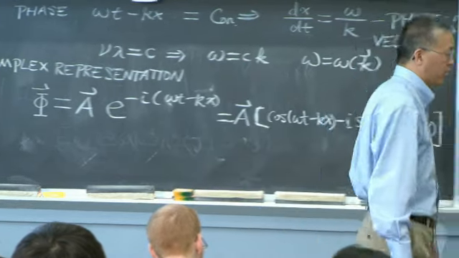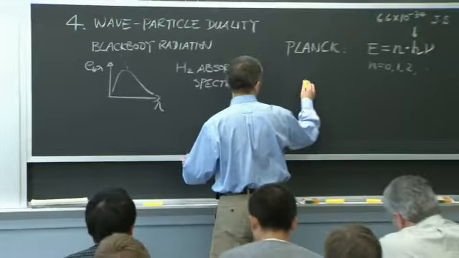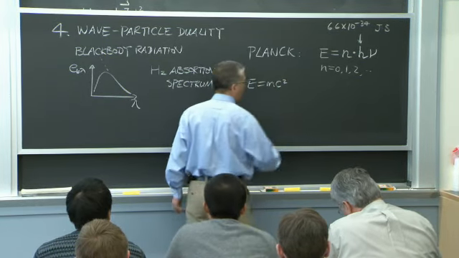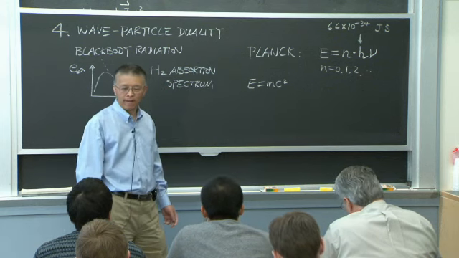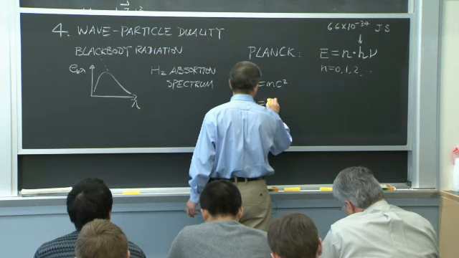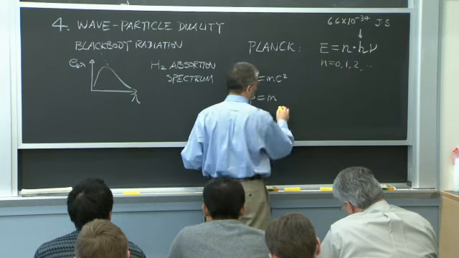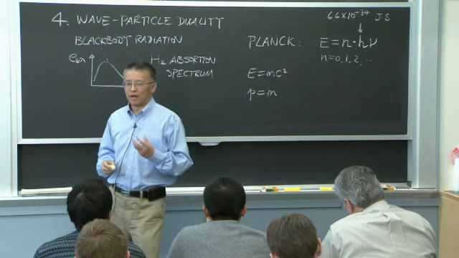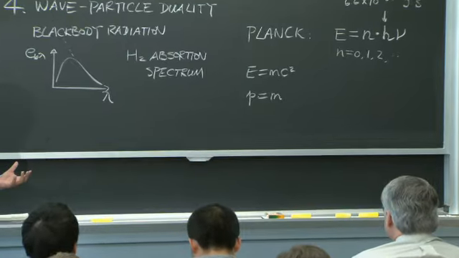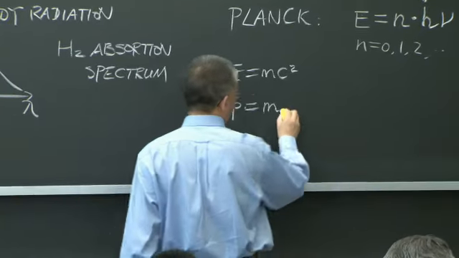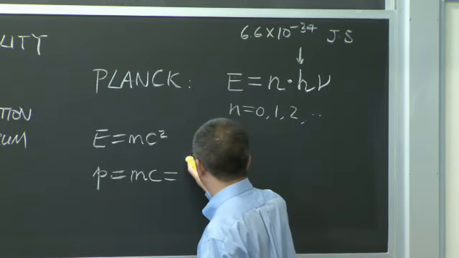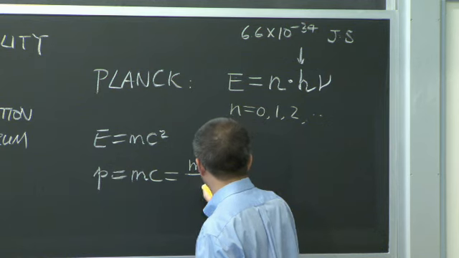You all know Einstein has his famous energy relation, E equals mc squared. And momentum, P, is mass times velocity, but light is not a particle that has mass, right? So we need to get rid of the mass. So we have mc is mc squared divided by c.